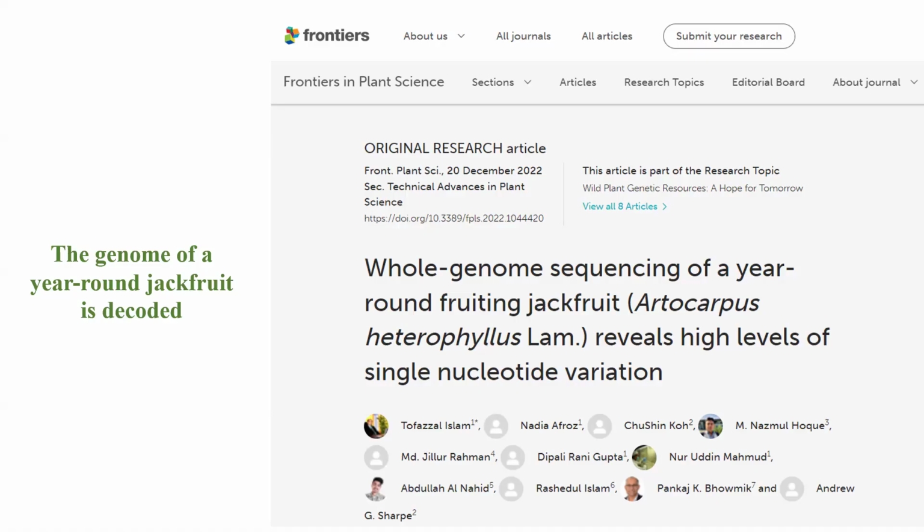Jute was known as the golden fiber of Bangladesh. It is not golden at this moment, but to get back the heritage, he sequenced two types of jute, Deshi jute and Tosha jute genome.